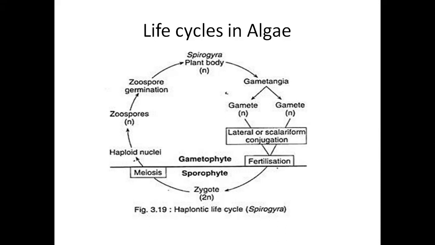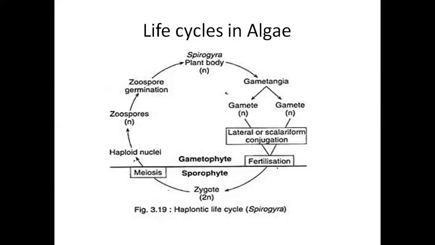So after fertilization, the stage is zygote. So as I am saying, in fertilization, two gametes are fusing with each other, then the zygote will be diploid. 1 plus 1 becomes 2. So N plus N becomes 2N. So here the zygote is diploid, and in the zygote meiosis occurs, and as meiosis occurs, it forms haploid plants.